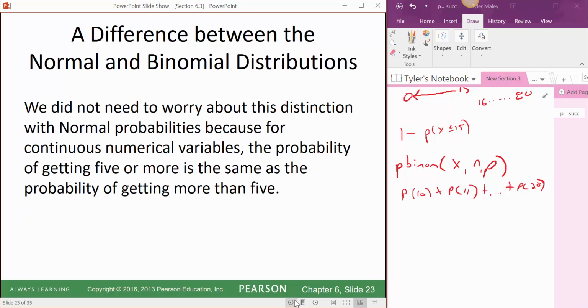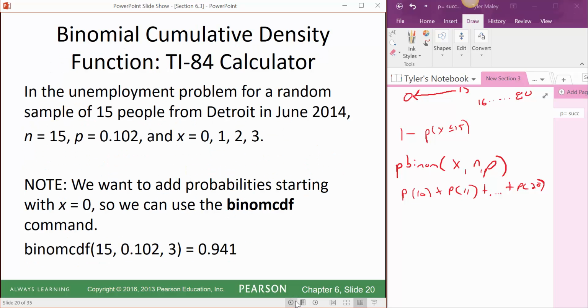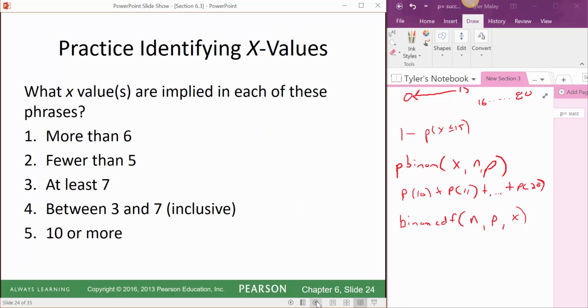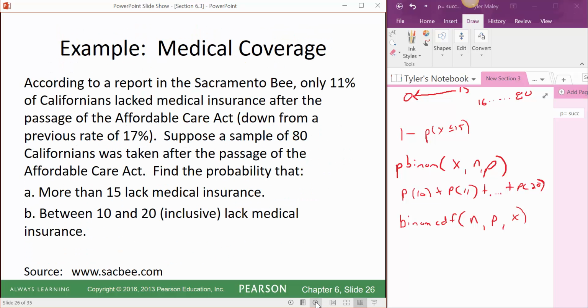So if we go back to how to do this in the graphing calculator, we use the binom CDF command. First we put in n, then the p-value, and then your x. It's very similar philosophy, just how you enter it in the computer is a little different.